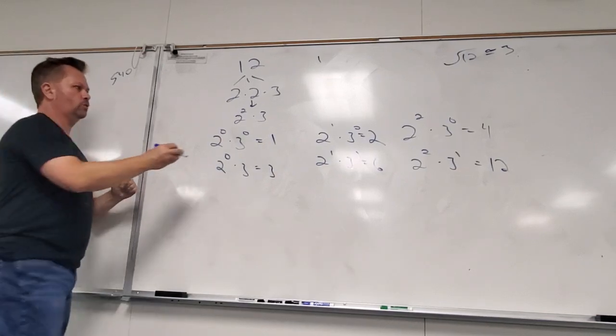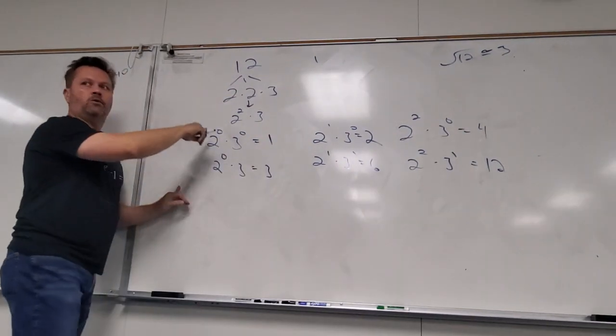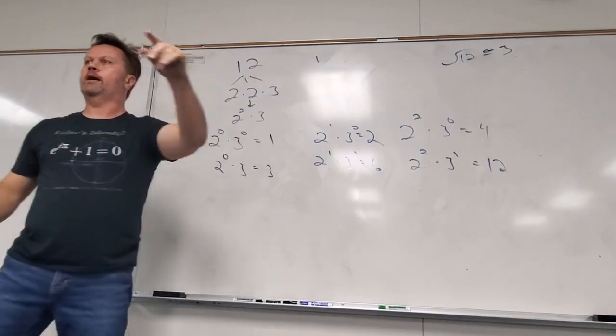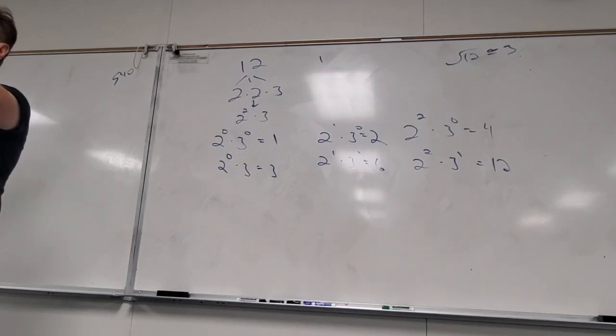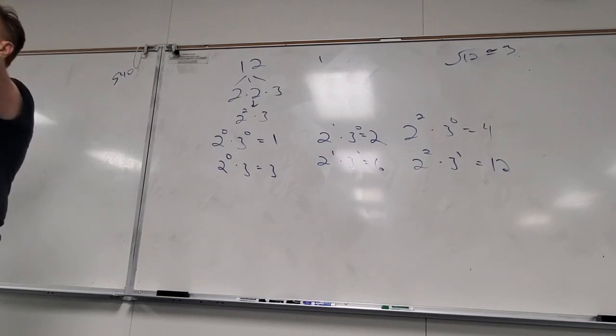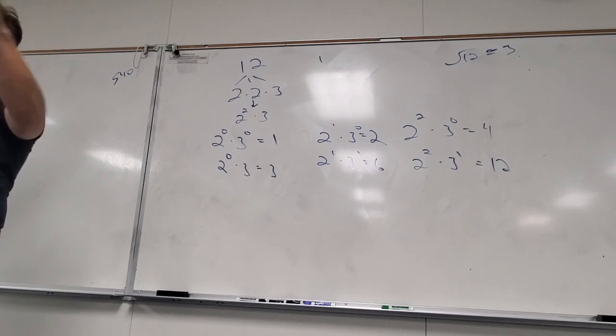How many options were there for the 2? I can have 2 to the 0 or 2 to the first or 2 squared. How many options were there just for the 2? 3 options. You with me? How many options were there for the 3 in each case? 2. So for every 3 options for the 2, there's 2 options for the 3, 6 total options. I really want this to make sense.